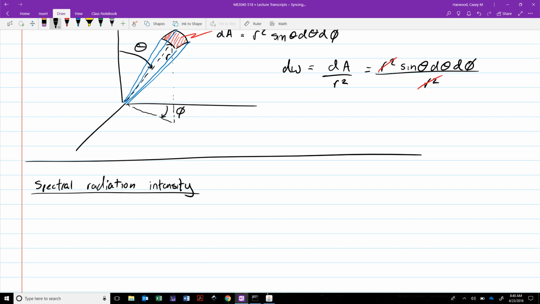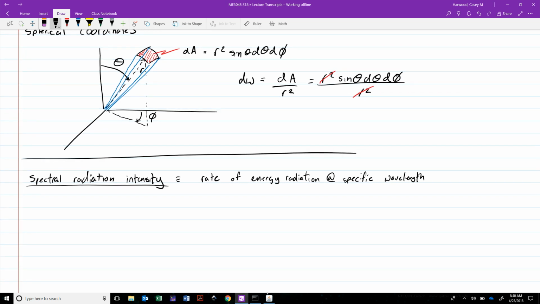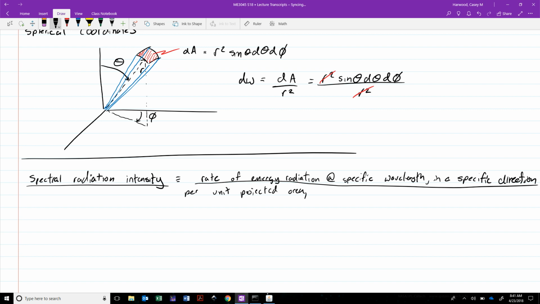And what the spectral radiation intensity is, in words, is the rate of energy radiation at a specific wavelength in a particular specific direction, per unit projected area, per unit wavelength and per unit solid angle.